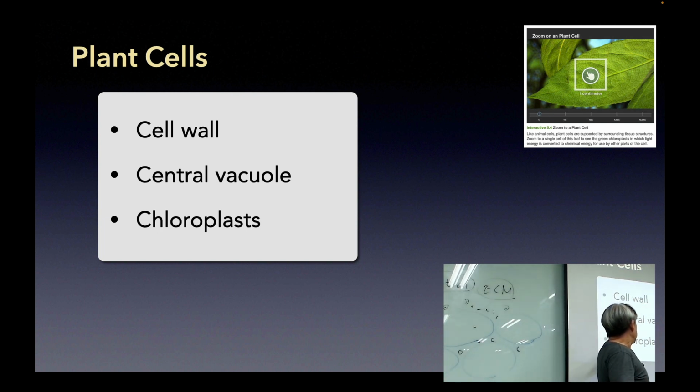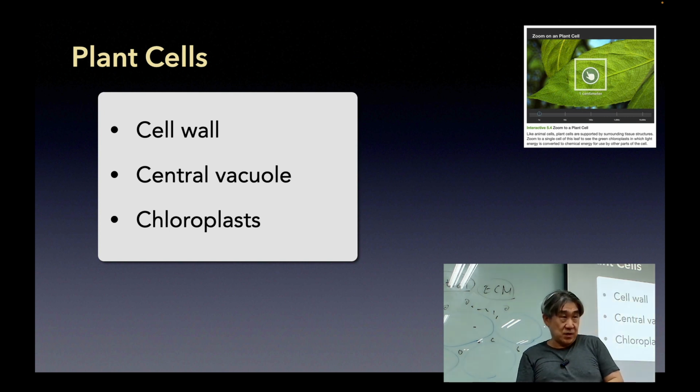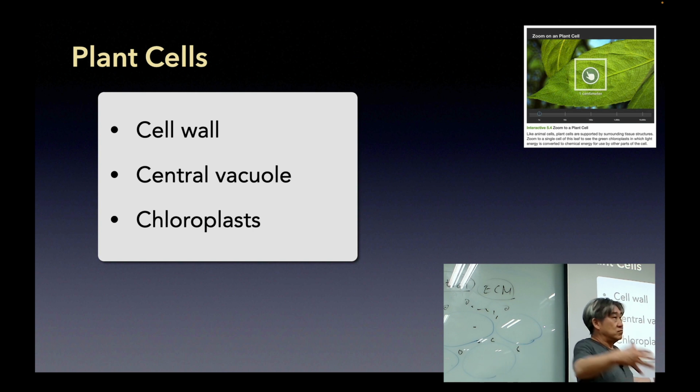Why? Because plant cells use this central vacuole as a big storage place for their important materials as well as their waste products. So as the cells grow older and older, they must accumulate more and more of their particular metabolic products as well as particular waste products. That's why an older cell will have a larger central vacuole.